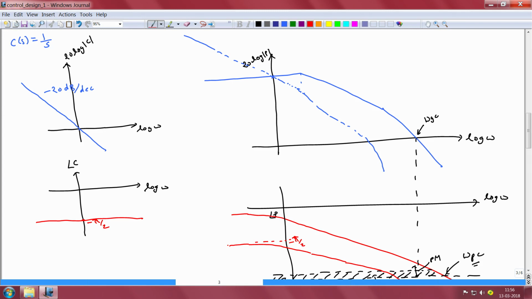So, what are the advantages of an integral controller? If you see, we notice that the integral controller has managed to increase the gain of the open loop system in the low frequency range, or in the frequency range which is much less than the typical locations of the plant's poles and zeros.